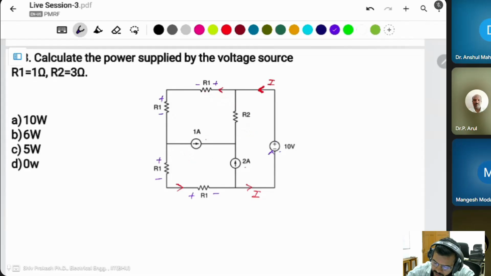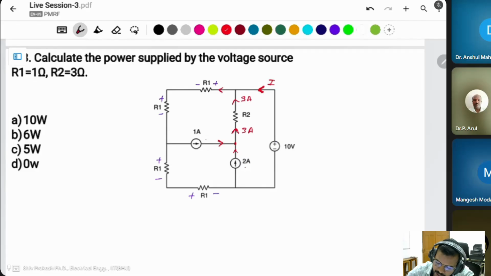I write again. This current I is from the source, which I want to calculate. And this 2 ampere is coming from this node. This 1 ampere is coming from this node. Then what is this current? 3 ampere. And this 3 ampere current and this I are coming here.